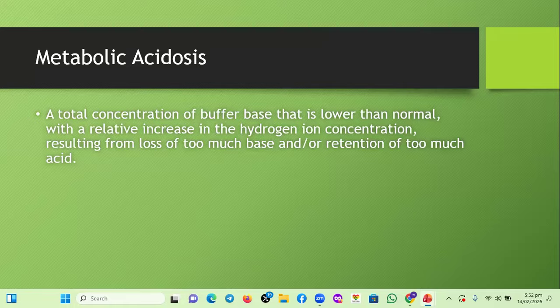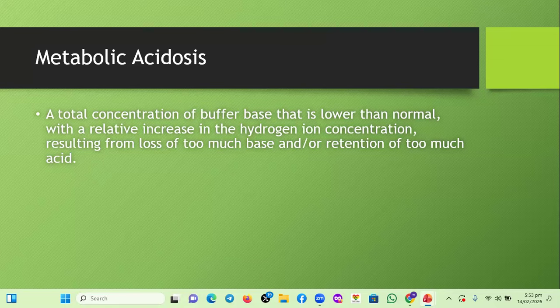So what it's saying is that when someone is experiencing metabolic acidosis, the individual will have lower levels of base in the system and a higher number of hydrogen ions, which is acid, in the system.